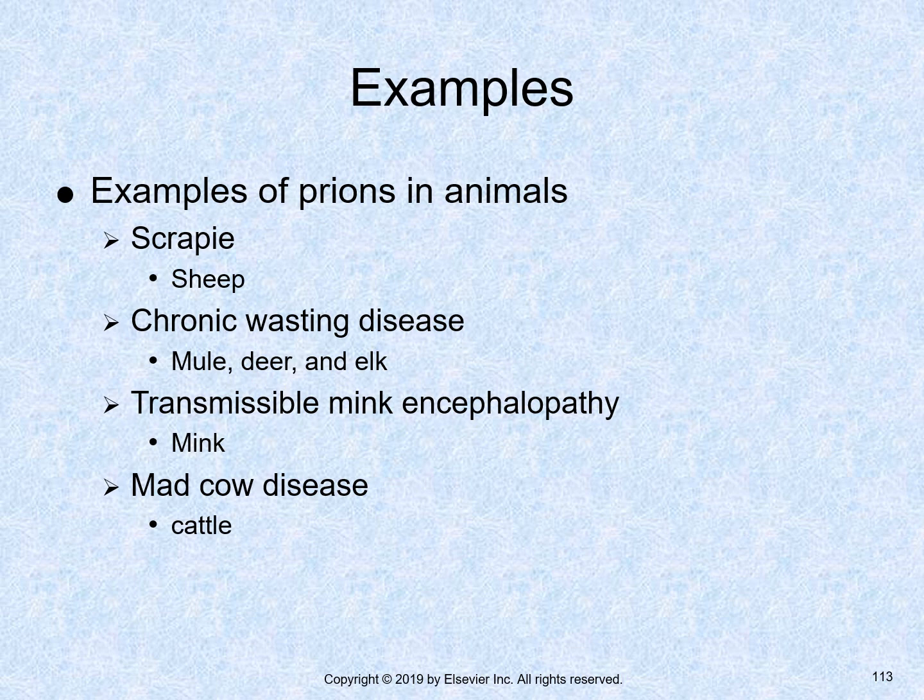Examples of prions in animals include scrapie in sheep, chronic wasting disease in mule deer and elk, transmissible mink encephalopathy in mink, and then one that we're probably all familiar with, mad cow disease in cattle.